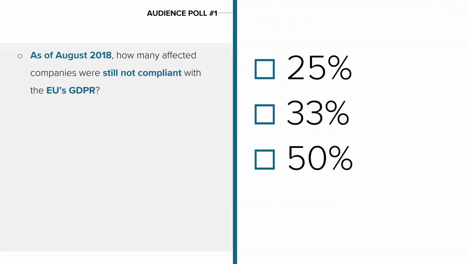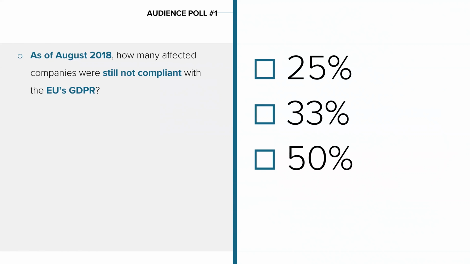So we sort of warned you guys ahead of time that there might be a couple polls. There's only two, but this is the first audience poll. So if you guys have the ability and want to weigh in on this topic, take a guess as to, in August 2018, how many affected companies were still not compliant with the EU's GDPR?